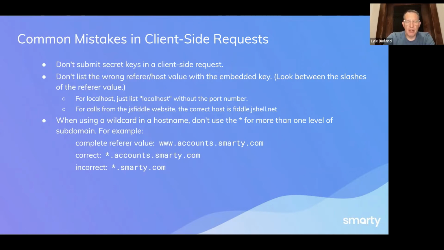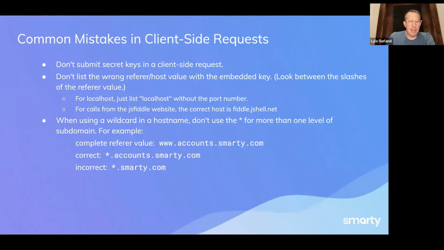So correct would be asterisk.accounts.smarty.com. It would be incorrect to try to use the asterisk to represent two levels of subdomain, asterisk.smarty.com in this case. So keep that in mind. The asterisk can represent exactly one level of subdomain. If you try to use the asterisk to represent multiple levels of subdomain, you will get the authentication error.